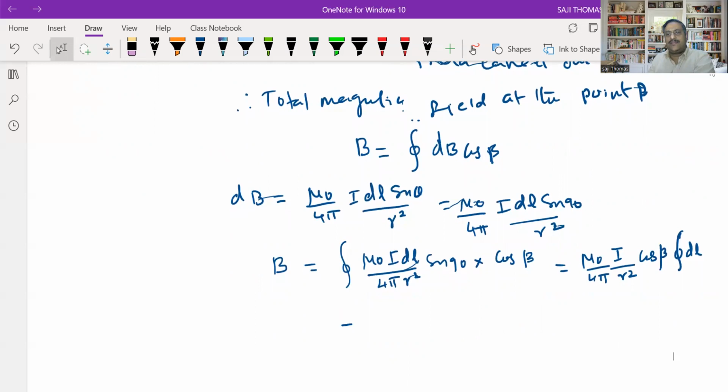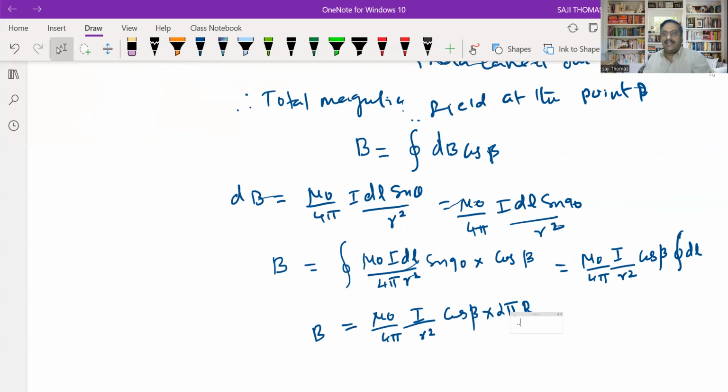So we can write B as mu 0 by 4 pi I by r square cos beta into 2 pi R. Integral dl is the circumference of the loop.